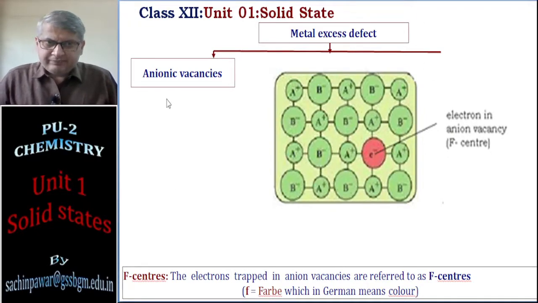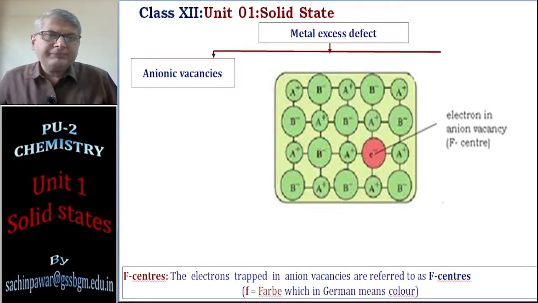Anion vacancies, when I say, so here this is the anion vacancy site. This anion vacancy site has lost an anion. So B minus ion has been removed from here.